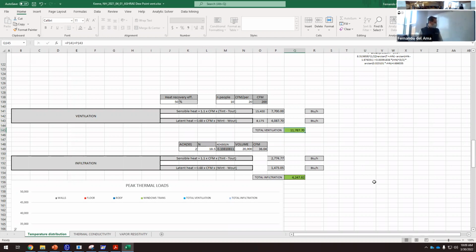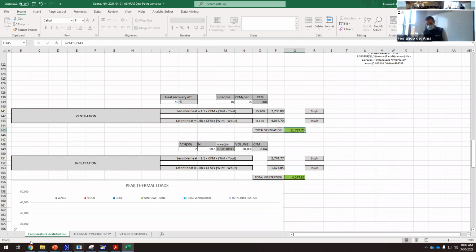So this is the heating load, U times A times 70 minus 0. So what is the UA? It's 28,946 divided by 70.